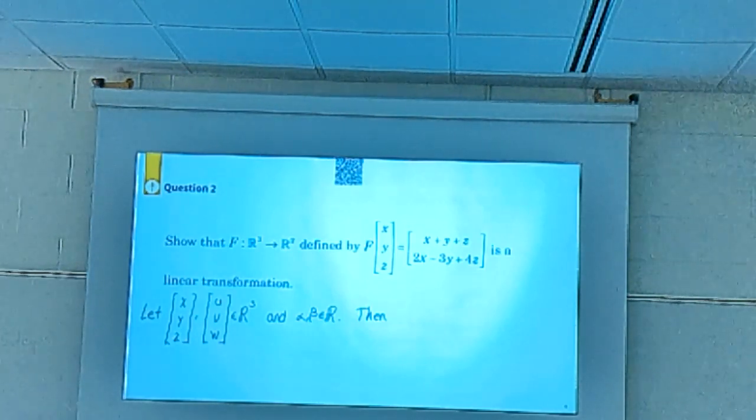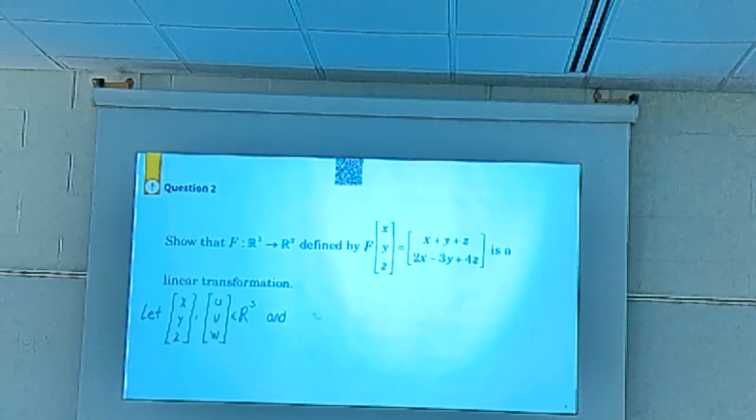This one, you know what I might do with this one? I might just try to show both properties individually, because the algebra is going to get really messy if I use the conjecture. This might be one of those cases where it might be better just to do it individually.